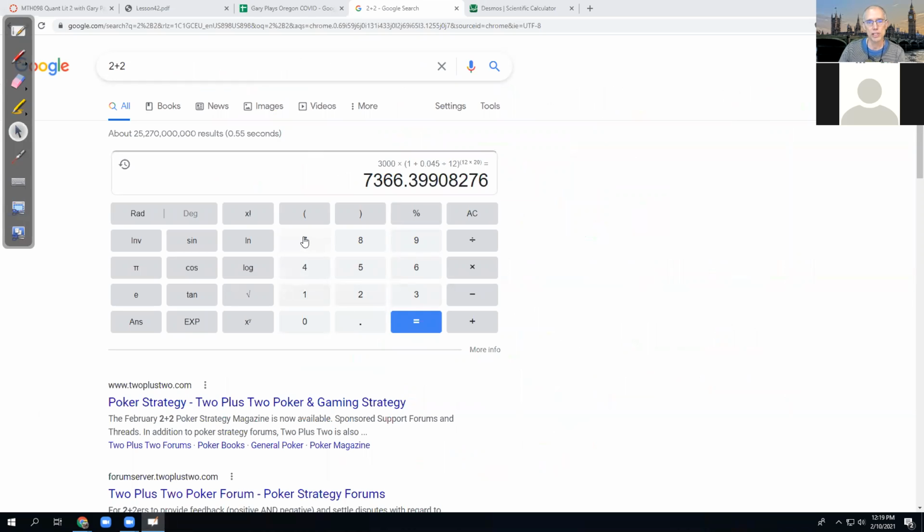So if I start with $7,366.40, and instead of multiplying, I divide by that parentheses, 1 plus 0.045, oops, 0.045 over 12, raised to the power, parentheses, 12 times 20, I should see I get my $3,000 I started with back.